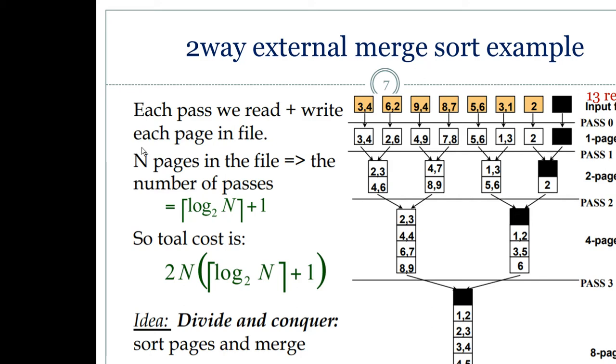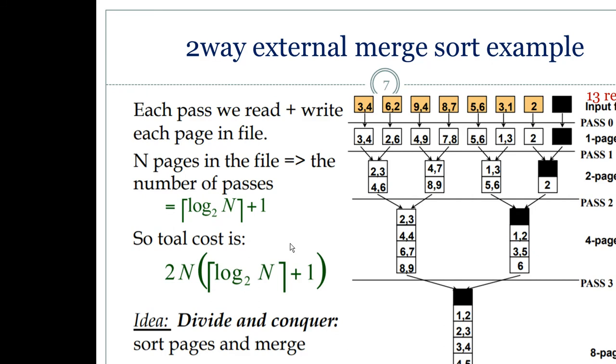Now if there are n number of pages in the file, then the number of passes required is the ceiling of log n to the base 2 plus 1, and the cost of the algorithm is 2n times the ceiling of log n to the base 2 plus 1.